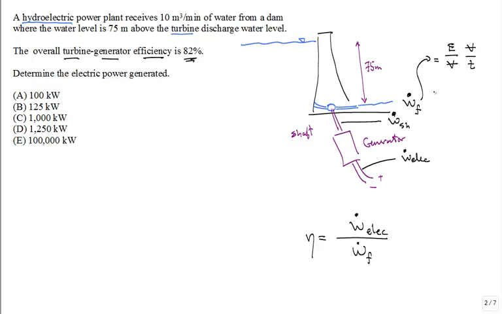You could also write it as energy per unit mass times the mass per unit time of the fluid. What's the change in the mechanical energy of the fluid per unit mass times the mass flow rate of the fluid? You could also write it, this one won't make much sense, as energy per unit weight of the fluid times the weight per unit time of the fluid flowing through the device. So you could write it any one of those three ways.